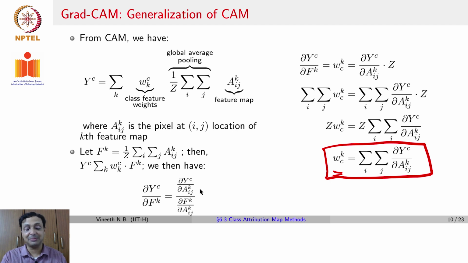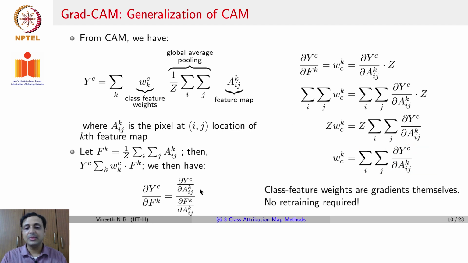This tells us something important: the w_k^c, which we actually learned in the CAM model, are simply the summation of the gradients of each of the class scores with respect to every pixel in the feature map, adding them all up.